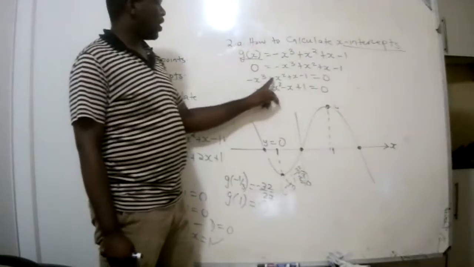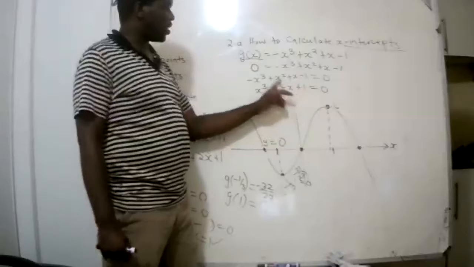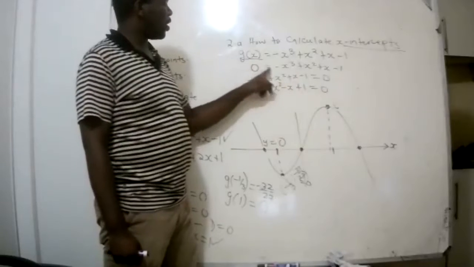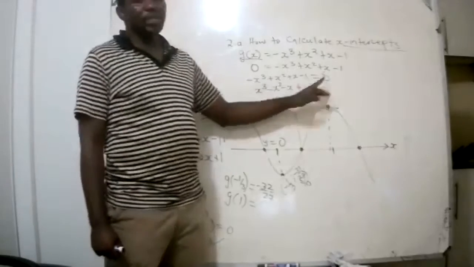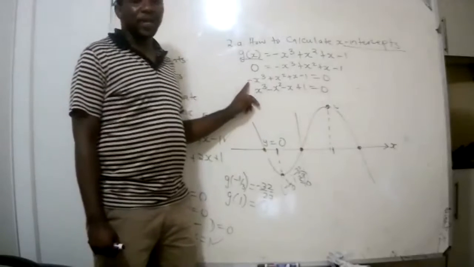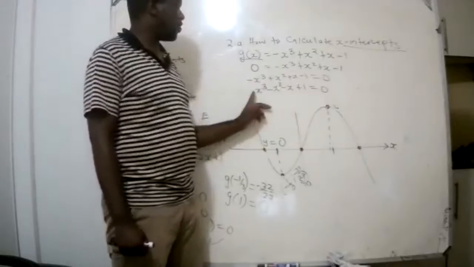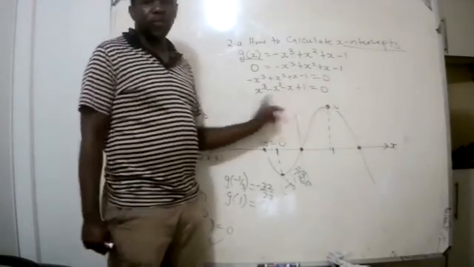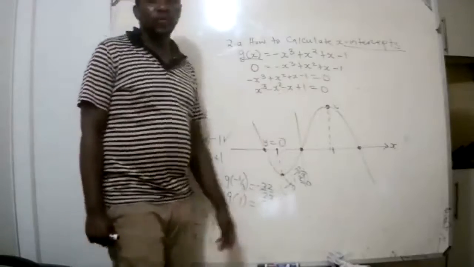Here I was explaining that you are allowed to exchange the positions, so instead of writing 0 equal to that, you can write this equal to 0. It's the same thing. Whenever you see a negative, you must panic. What you're supposed to do there is divide everything by negative so that you are left with a clean equation which we can deal with.